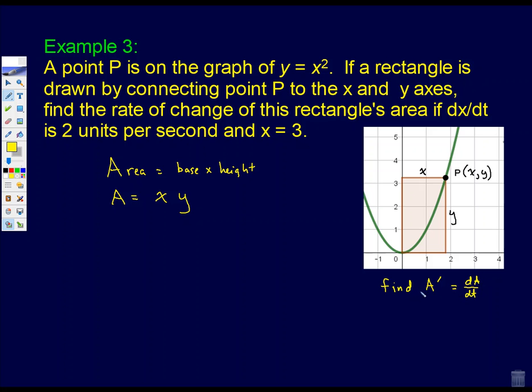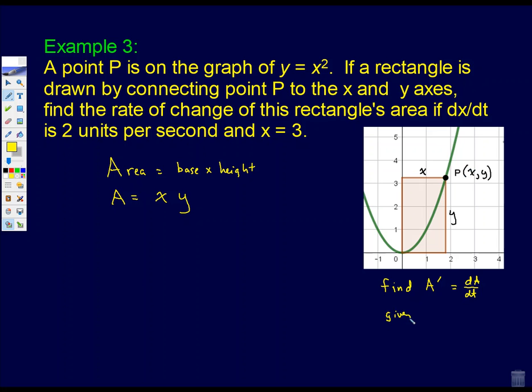Remember, it's implied that the area is a function of the time, right? As the point moves for those first few seconds, the area is affected by that. So area is a function of time. We're also given how quickly the x coordinate of this point changes.